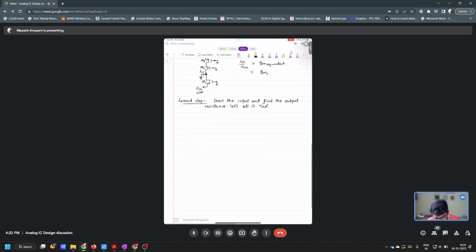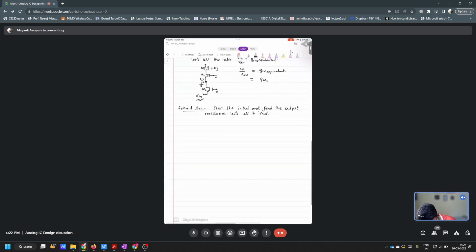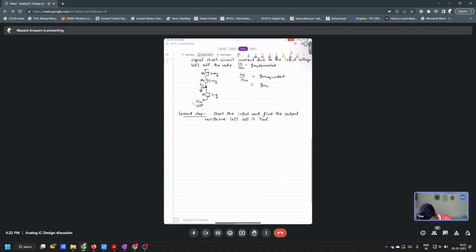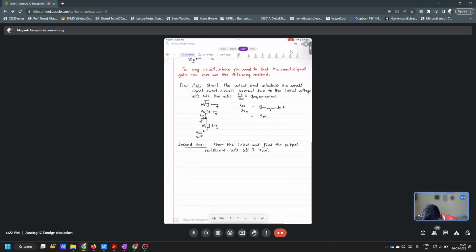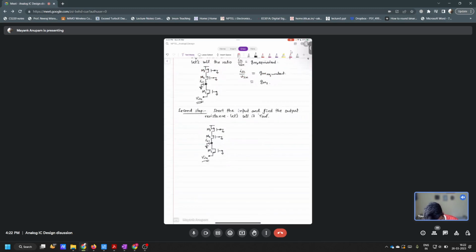So for the next step, we simply find out the output resistance. Let's copy this here and paste it here. Now we have to short the input, first short this guy here, and this we should not short here. Now we have to find the output resistance here, R out.